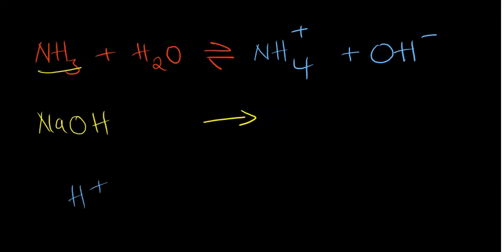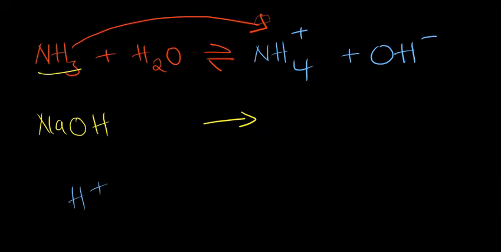So that's what happens for a base, and this is what distinguishes a base from an acid. We've seen that a base gains, and an acid donates. So in this case, by the way, water can be referred to as an acid in this equation.